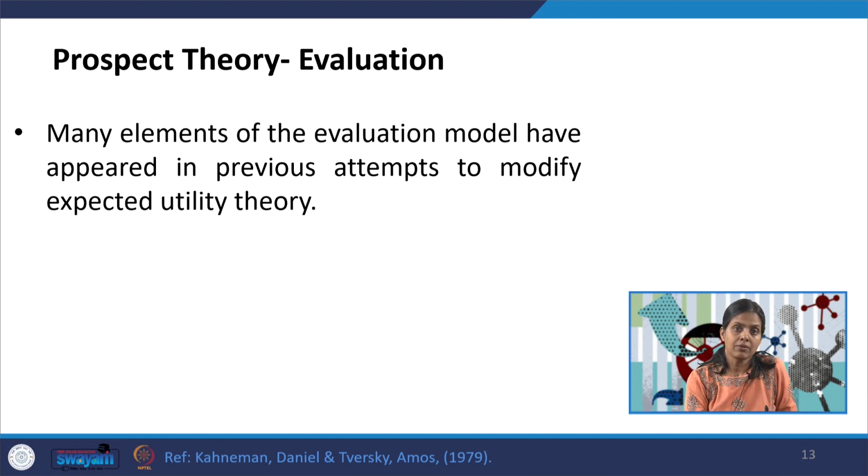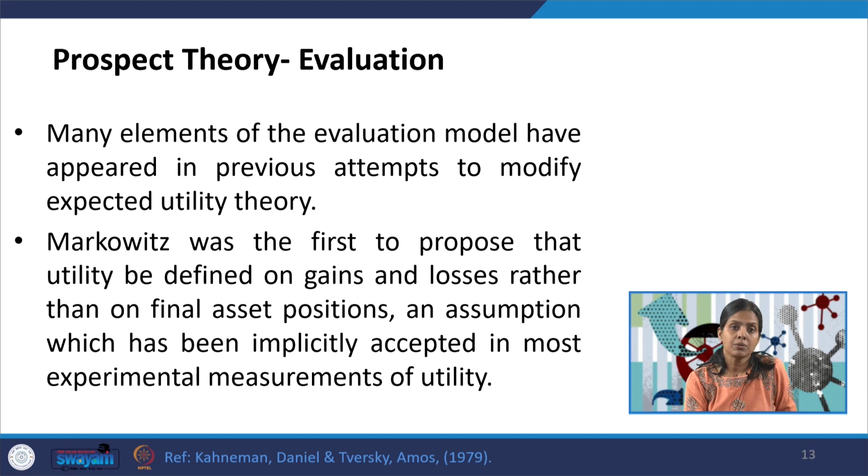Many elements of the evaluation model have appeared in previous attempts to modify expected utility theory. Markowitz was the first to propose that utility be defined on gains and losses rather than on final asset positions, an assumption which has been implicitly accepted in most experimental measurements of utility.